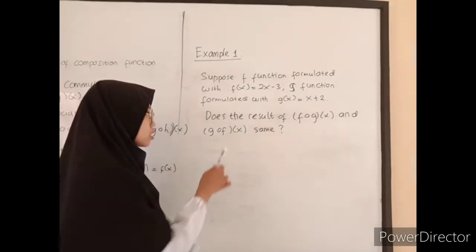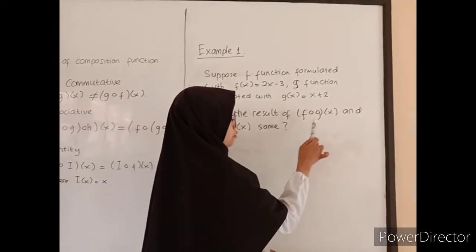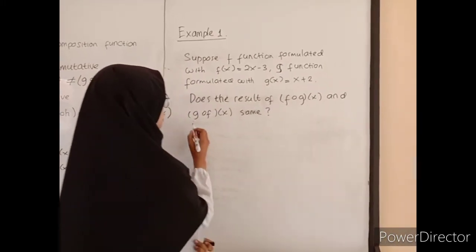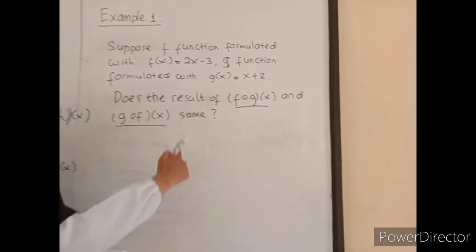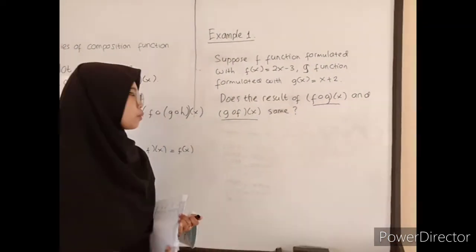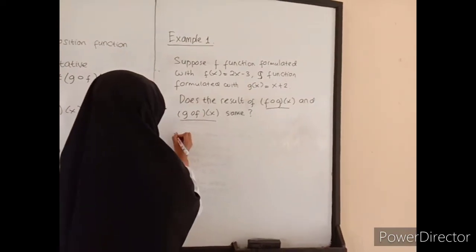The question is, are the results of (f ∘ g)(x) and (g ∘ f)(x) the same? We will prove it. Okay?